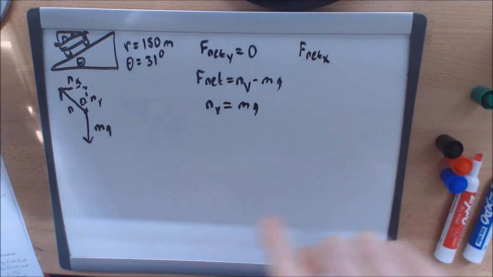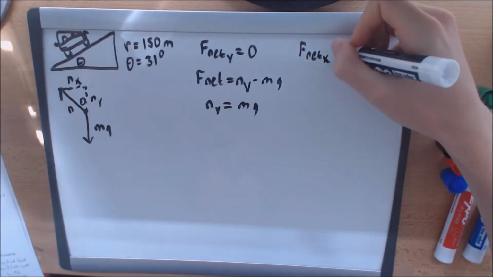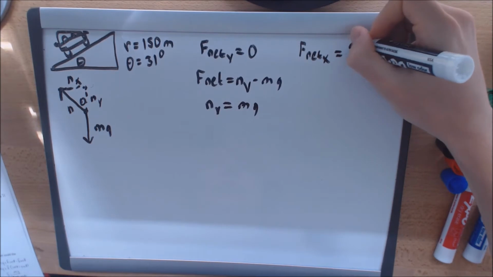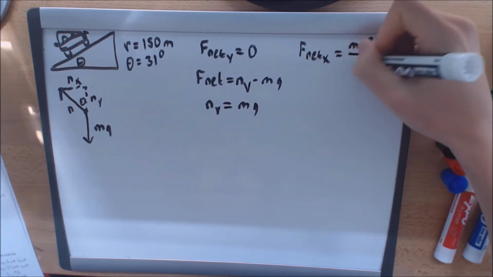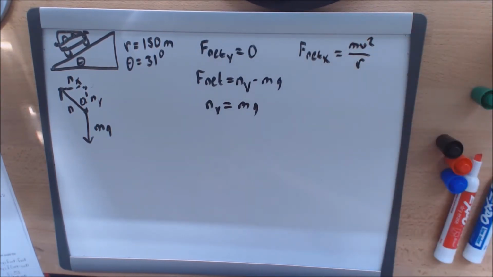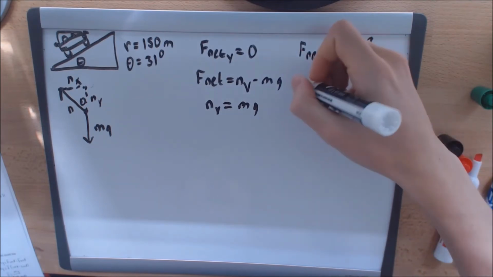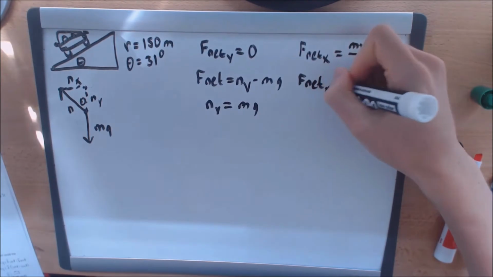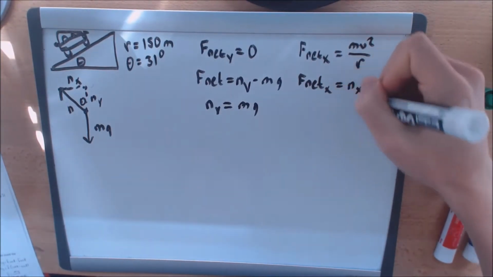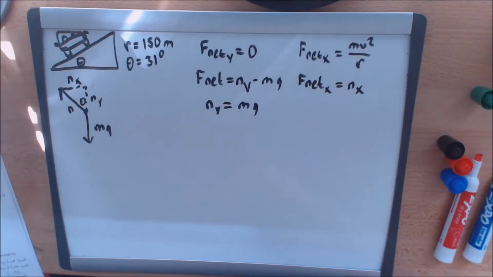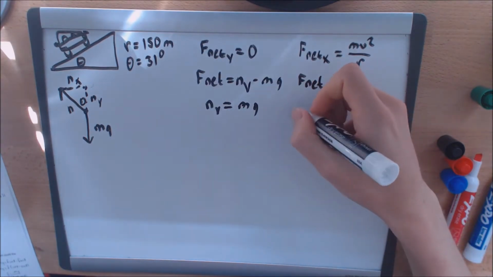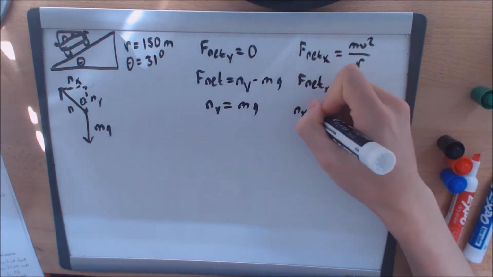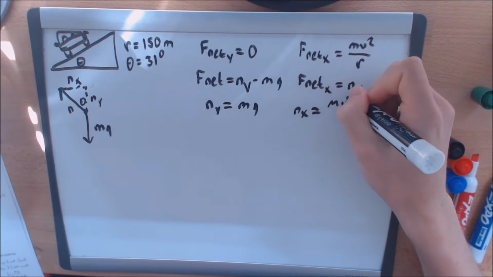Since we're traveling in a circle, F net x is going to be equal to mv squared over r, the centripetal force. And F net x also equals our normal force in the x direction, nx. So we can set these two equal to each other. We can say nx equals mv squared over r.